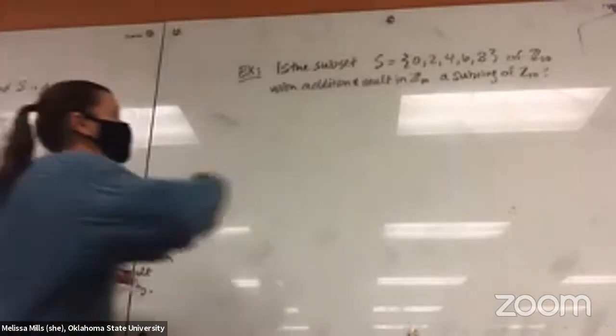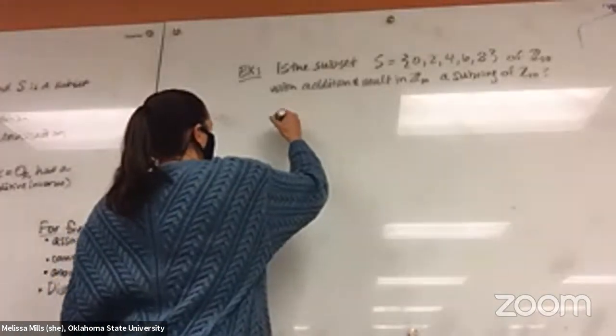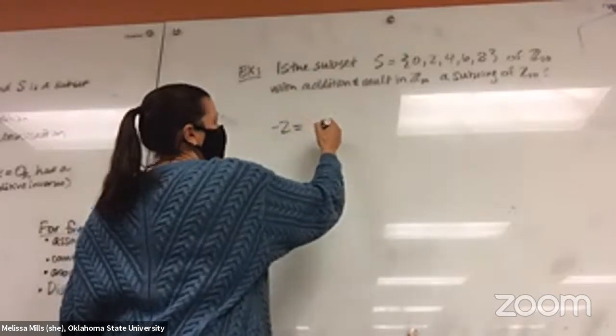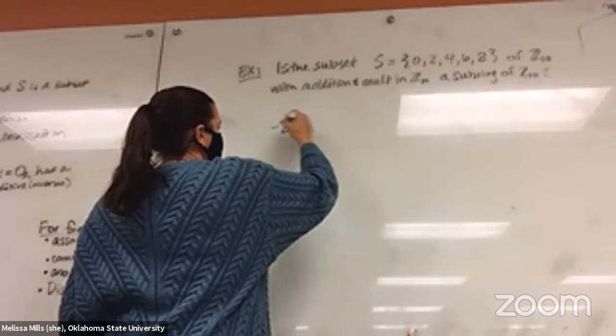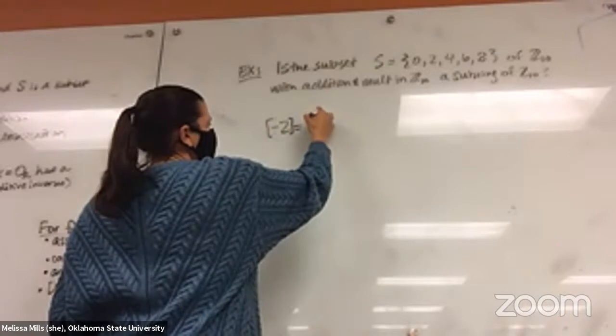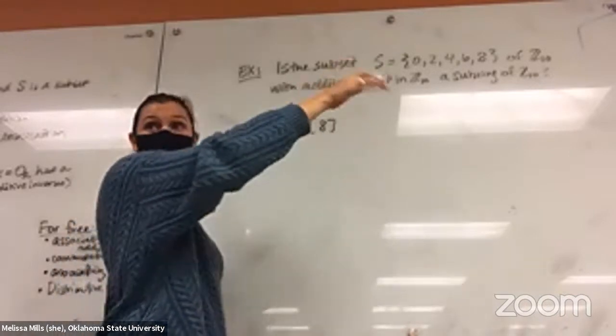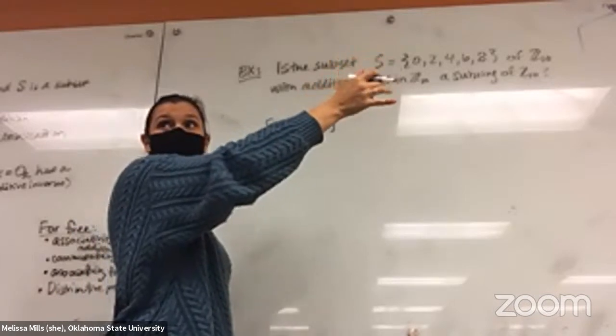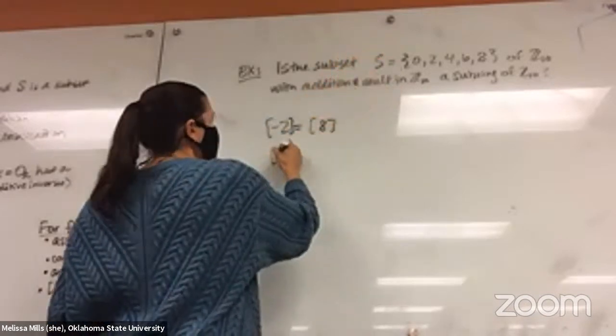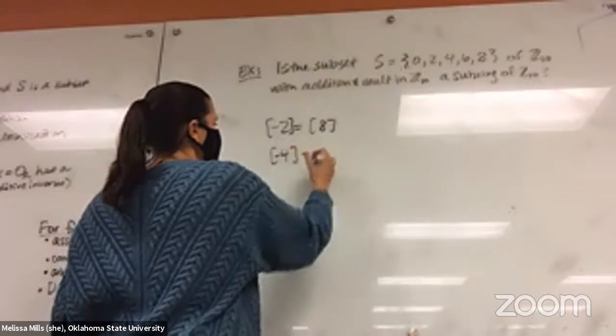So what's the additive inverse of 2? So -2 is equal to what? Well, I'll put it in brackets. That's equal to 8, right? Because 2 plus 8 is 10, which is 0. And -4 is equal to what?